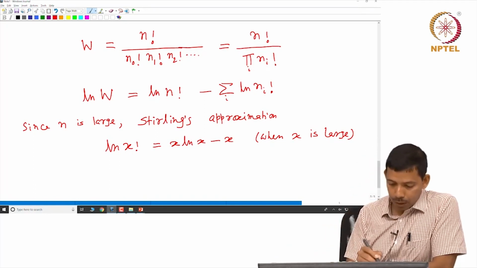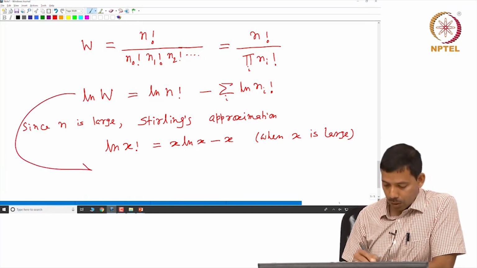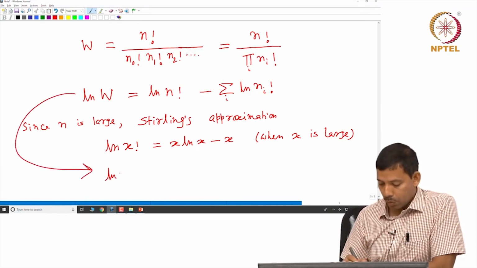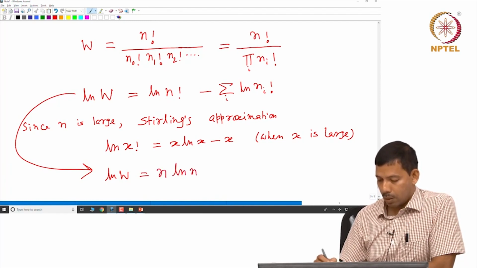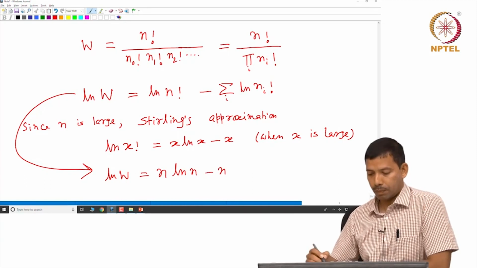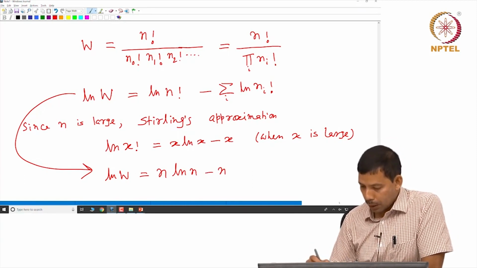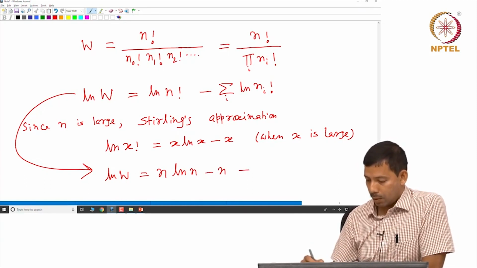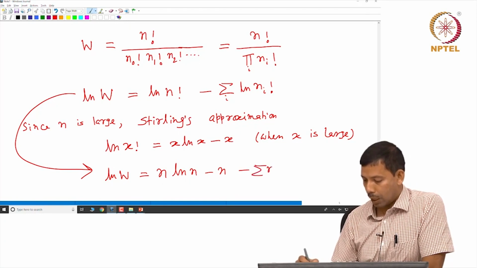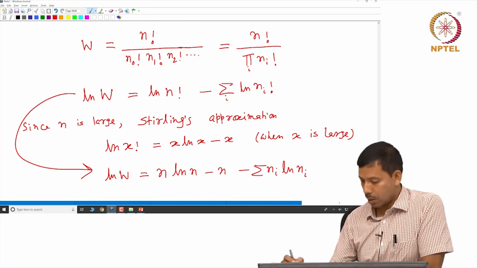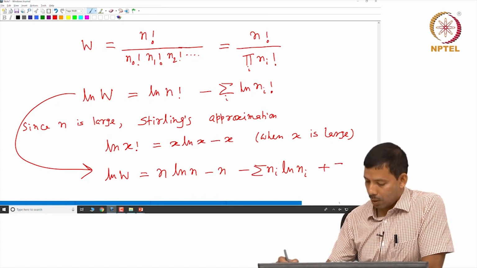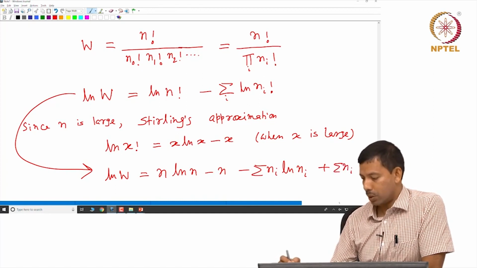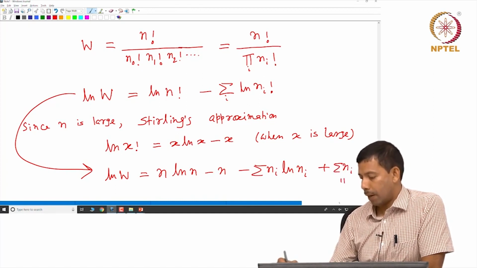If we apply that in our expression, we can write ln W is equal to n ln n minus n, minus sum over ni ln ni, and then minus minus becomes plus, so plus the sum over ni, which is nothing but n.